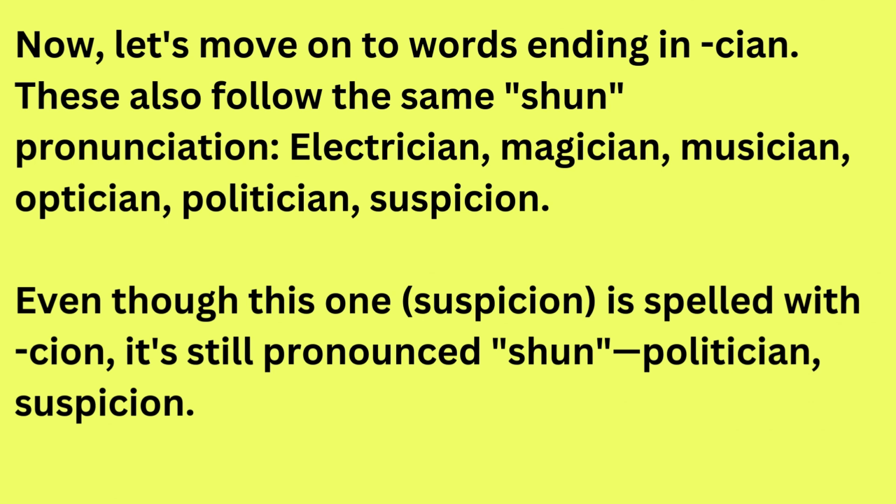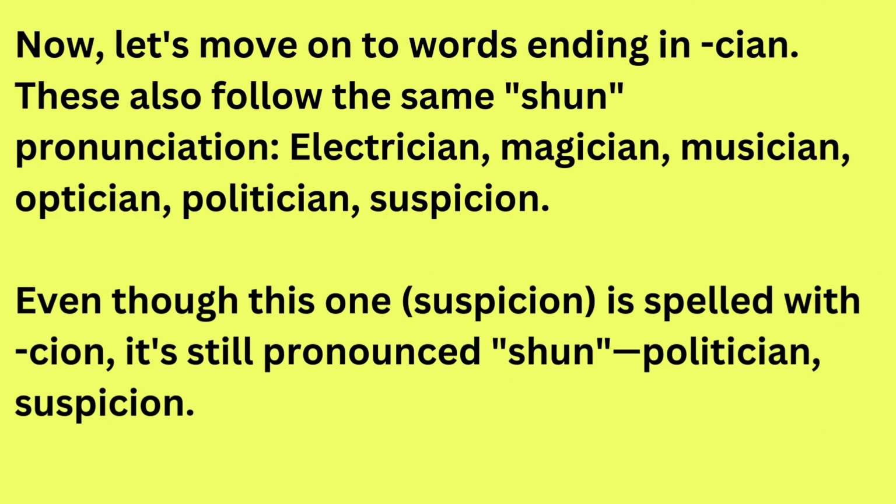Now, let's move on to words ending in "cian". These also follow the same "shun" pronunciation. Electrician, magician, musician, optician, politician, suspicion. Even though this one, suspicion, is spelled with "cion", it's still pronounced "shun".